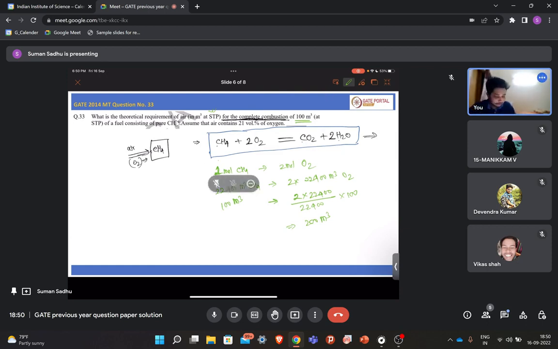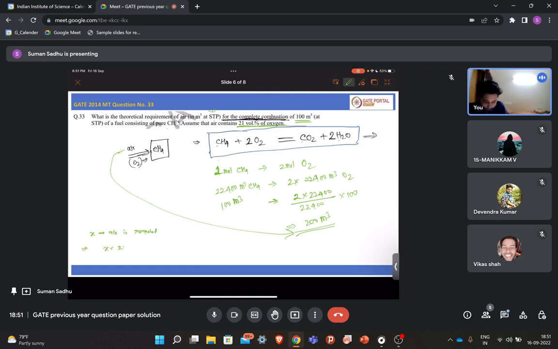Now this 200 meter cube of oxygen is coming from the air, right? Let's say in air, 21 volume percent oxygen is present. Let's say we need X amount of air. In X amount of air, how much oxygen will be there?